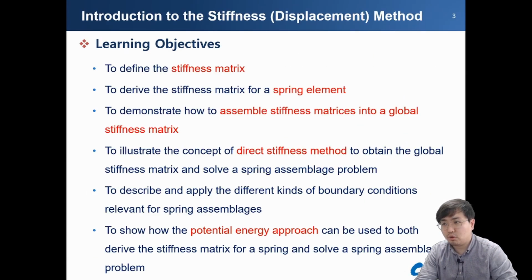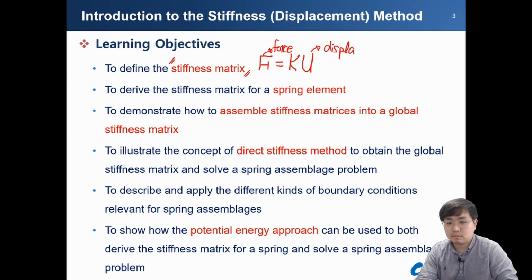Today's learning objective is, first, we should define what the stiffness matrix is. Our final goal is to make this very simple relationship. Here, F is a force, U is a displacement, and accordingly K is what we call the stiffness matrix.